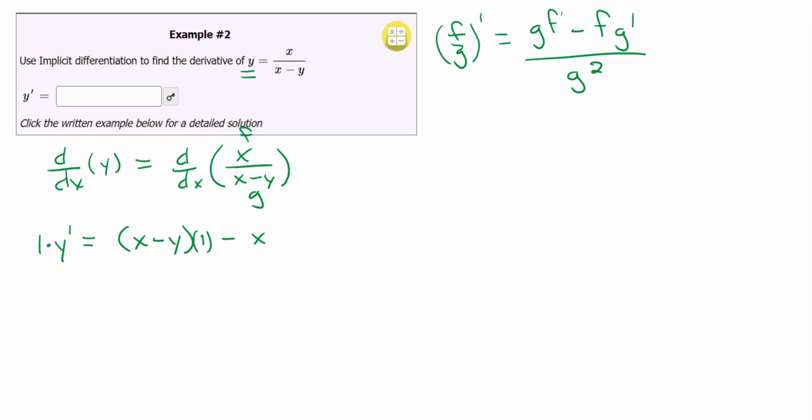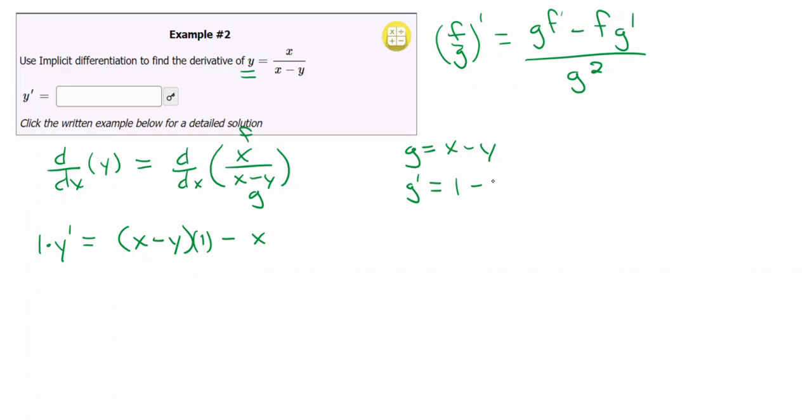So just to be careful here, let's actually take the derivative of that for a second. If g is x minus y, then g prime would be, well, the derivative of x is just 1. Easy enough. Now the derivative of y you can think of as negative 1.